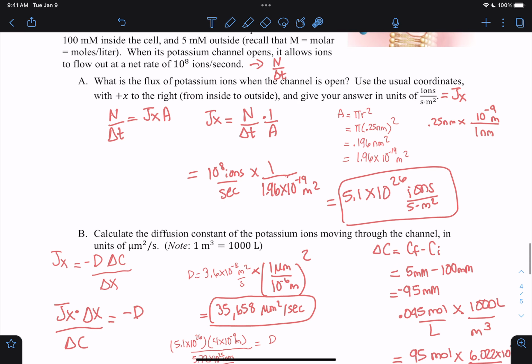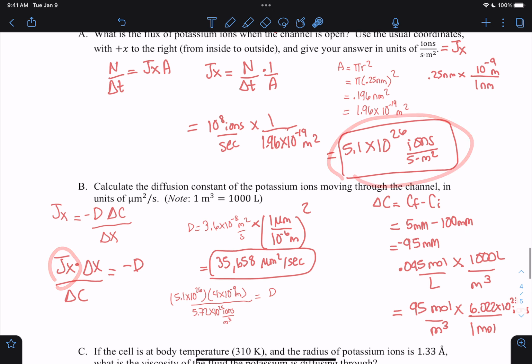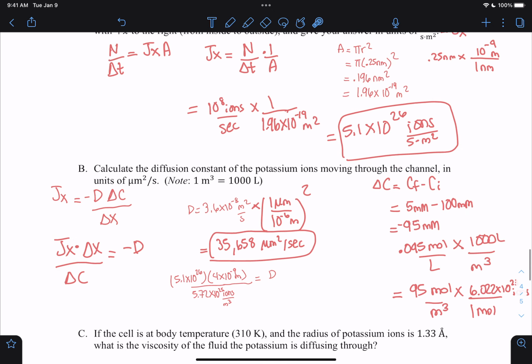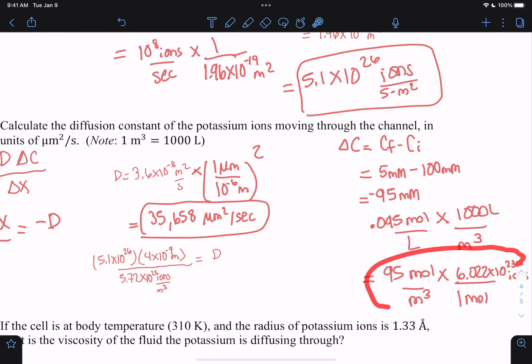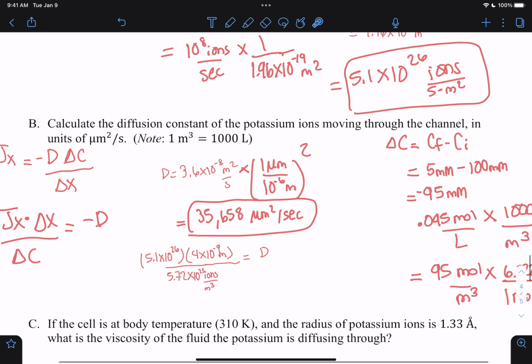That was the flux. That was the JX here from part A. Yep, and that's where we did the 95 times Avogadro's number, because remember it has to be in ions per meter cubed.